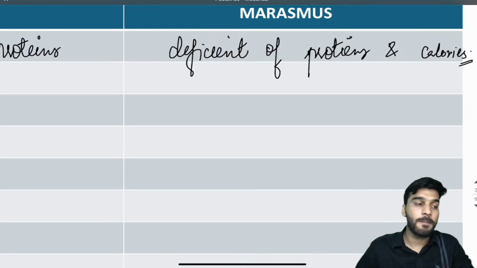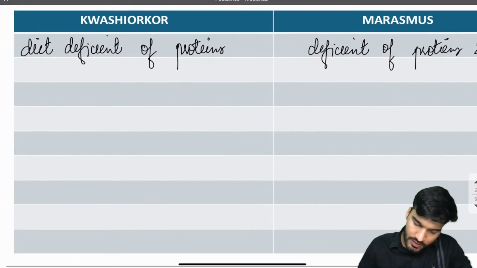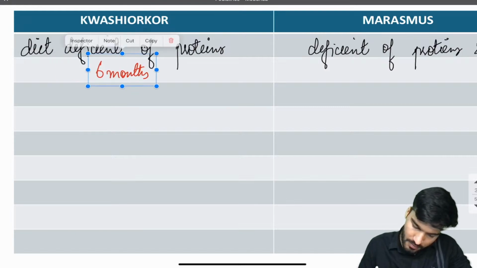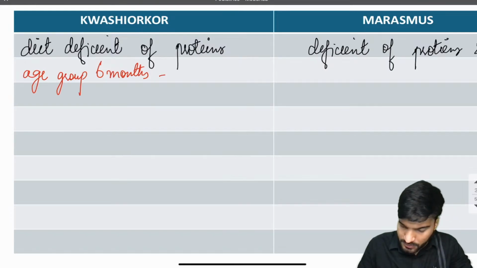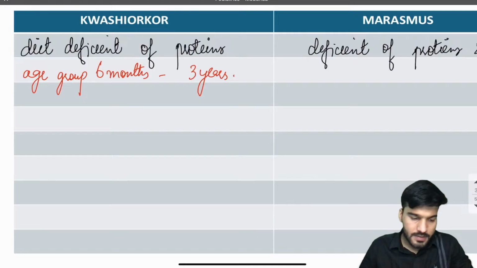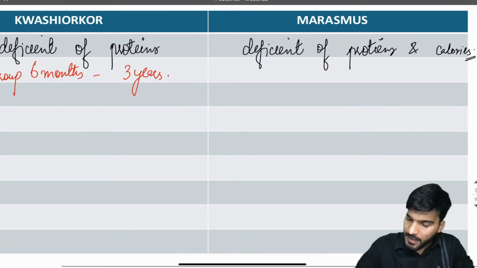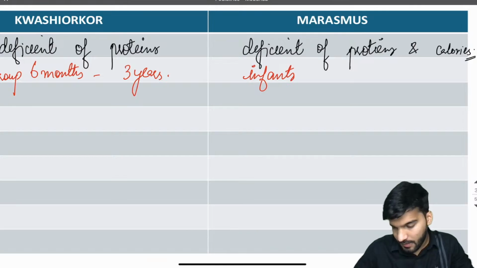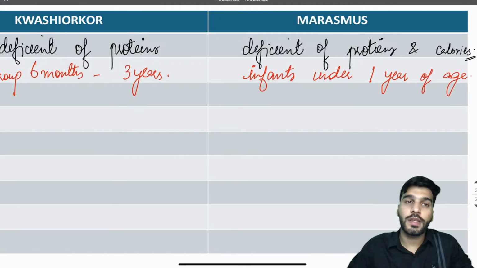Next, Kwashiorkor is usually seen in the age group of 6 months to 3 years of age, and marasmus is usually seen in infants under 1 year of age.